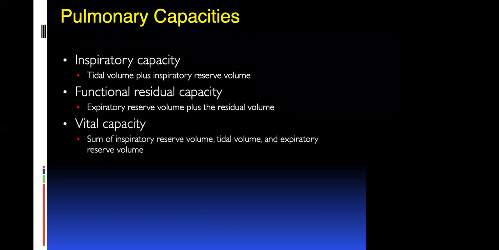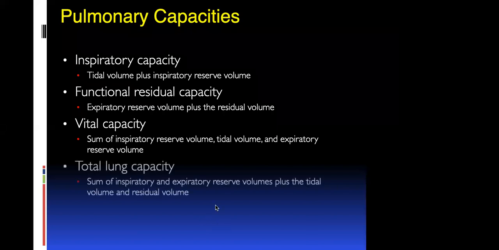And vital capacity is the sum of inspiratory reserve volume, tidal volume, and expiratory reserve volume, the maximum amount of air that can move in and out of the lungs. And then we have the total lung capacity, which sometimes is simply called the total lung volume, the sum of the inspiratory and expiratory reserve volumes plus the tidal volume and residual volume. Yeah, just a revision, but the diagram summarizes everything.